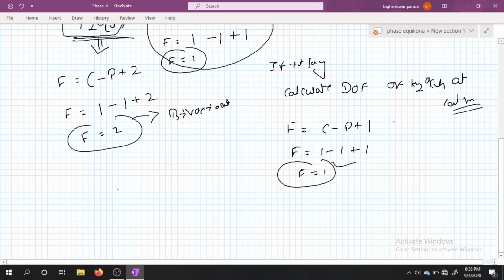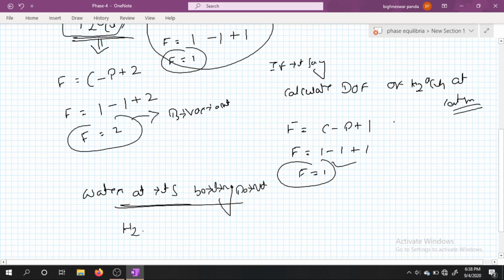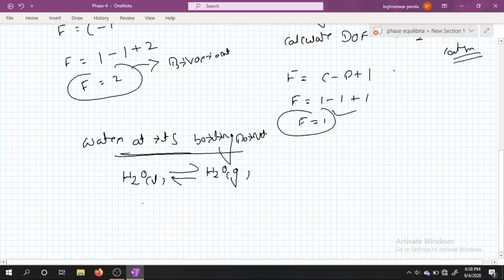Let us consider another: water at its boiling point. Water at its boiling point means water liquid and water gas. So here P equal to 2.